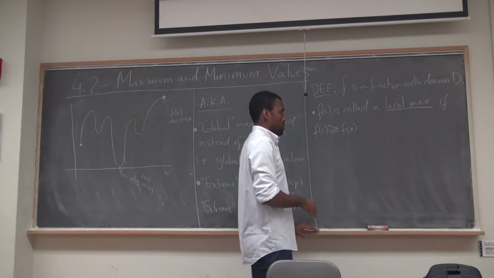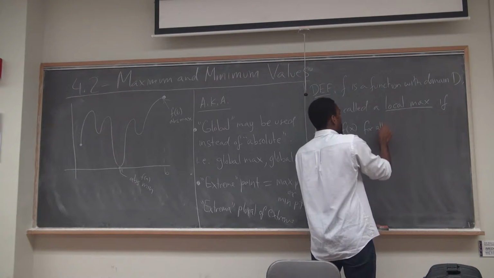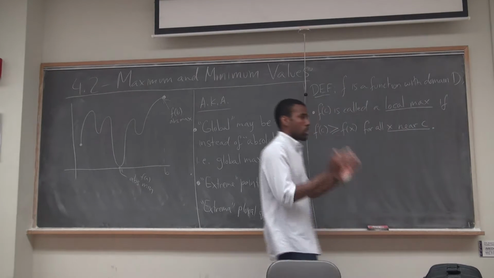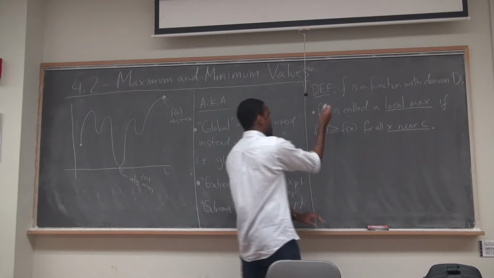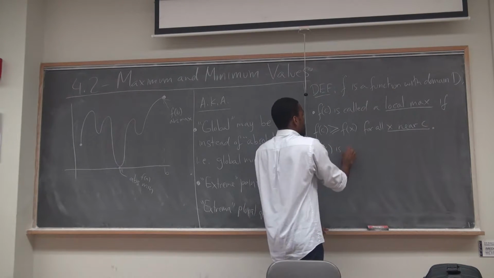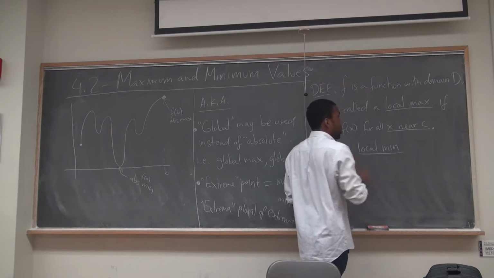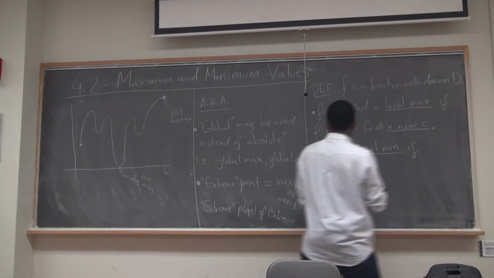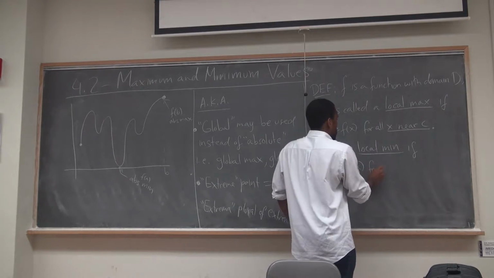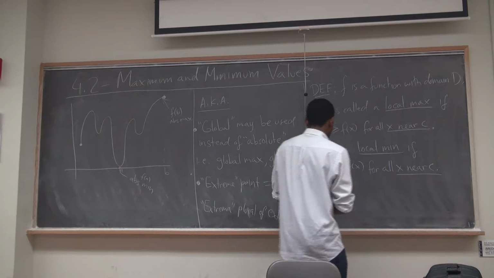But here's the distinction: for all x near c. Not in general, just the ones that are close, in that neighborhood, in the vicinity of c. Similarly, f of c is a local min, or local minimum, if f of c is less than or equal to f of x for all x near c.